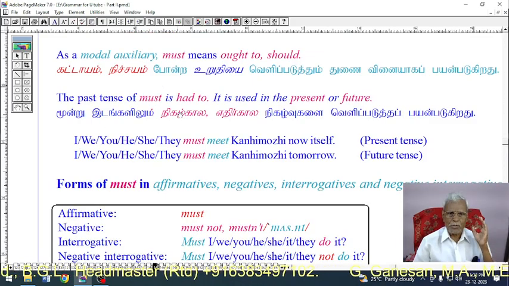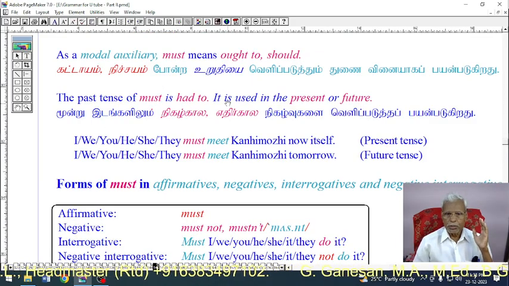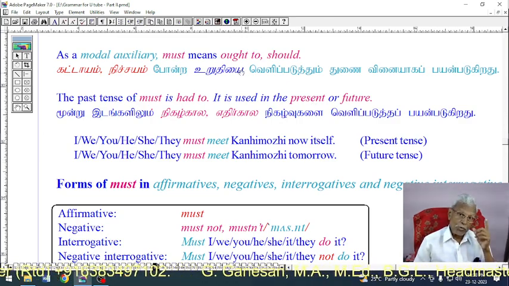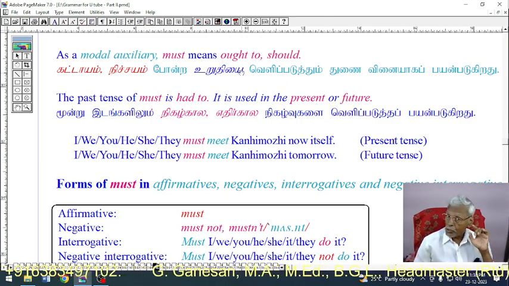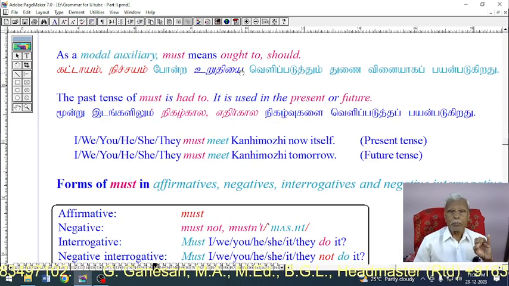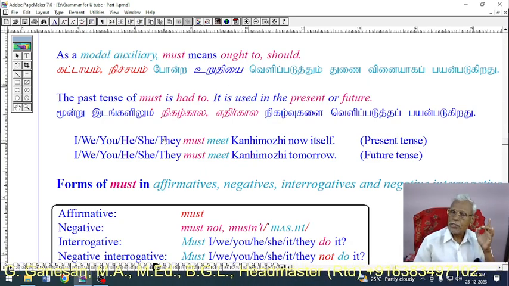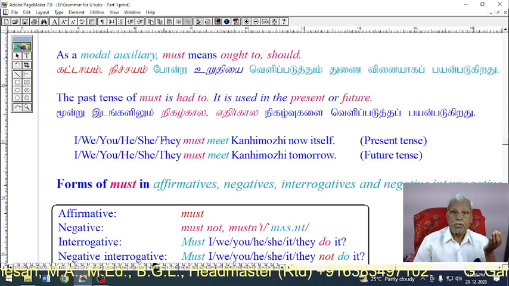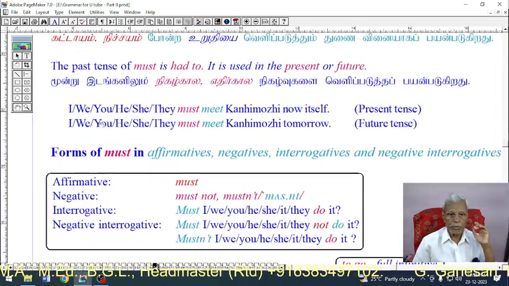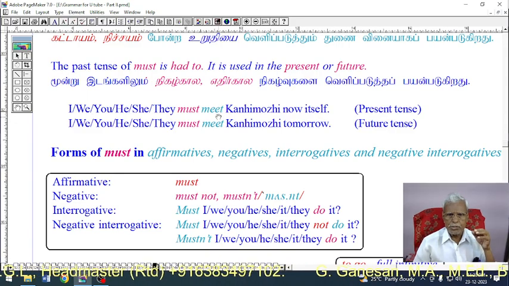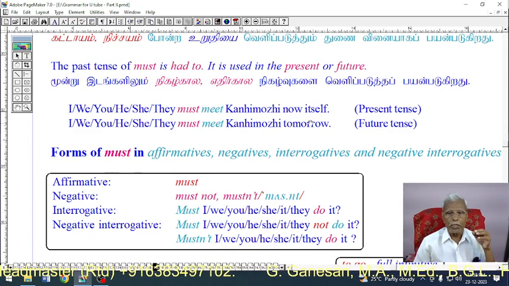The past tense of must is had to. It is used in the present or future. That is, the past tense of must is had to. But must is used both in present tense and future tense. In past tense, had to is used instead of must. For example, I must meet Kanimuli right now.